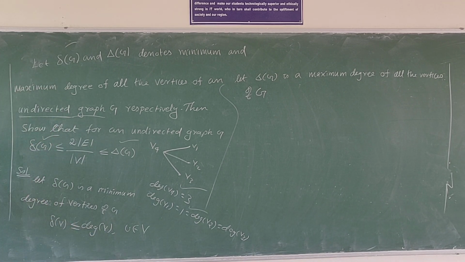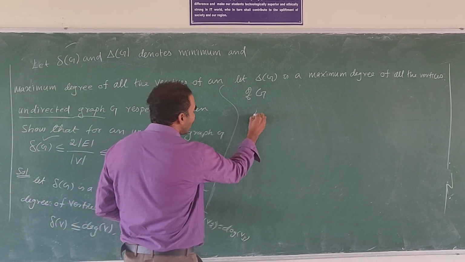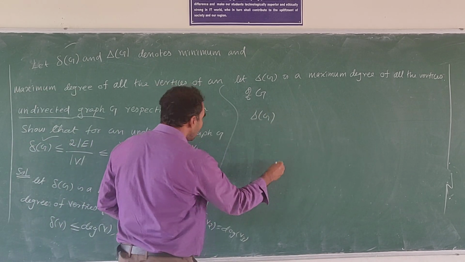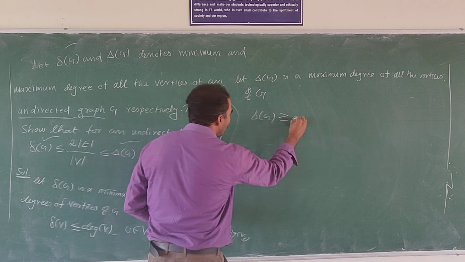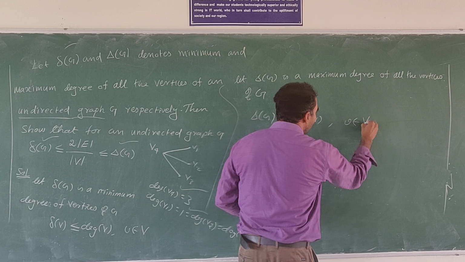This is the less than or equal to condition. That will satisfy which condition? ΔG greater than or equal to degree of V for all vertices.